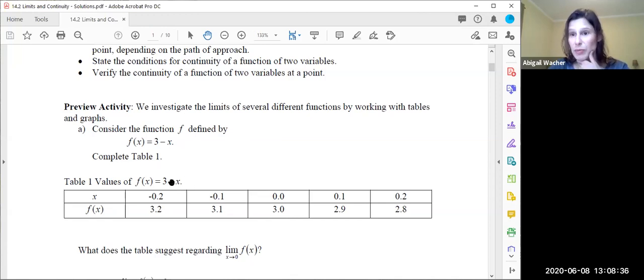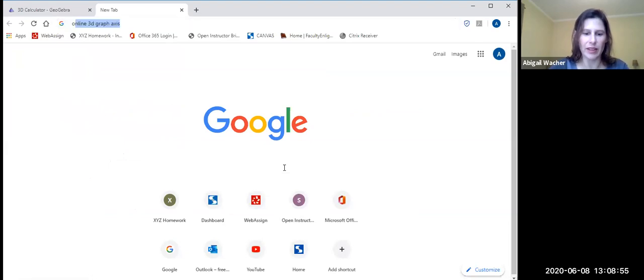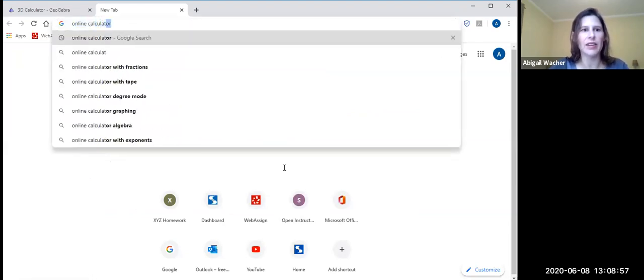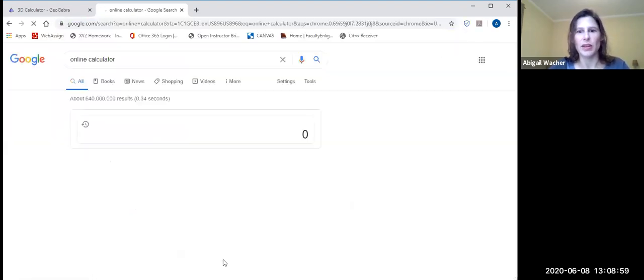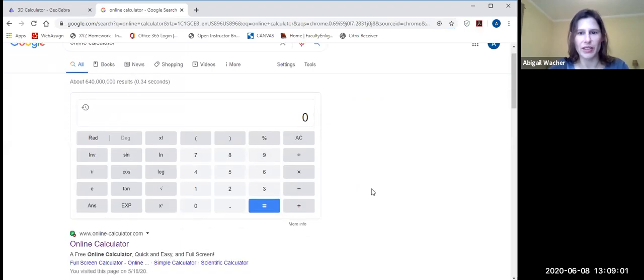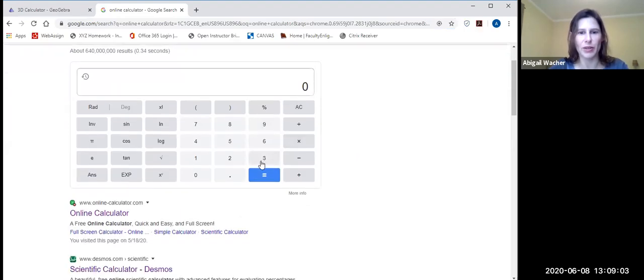So you basically go into your calculator and you type in x equals -0.2. Here I can show you on an online calculator. Let's see, we can find one on Google. I like Desmos, but you can even use this one here just on the web.